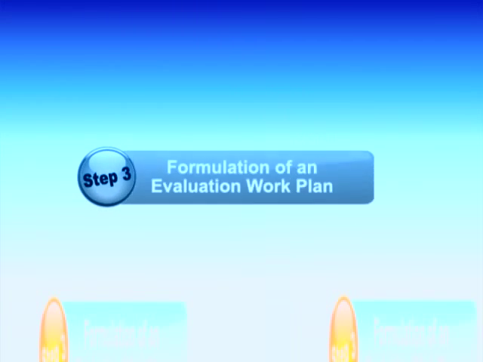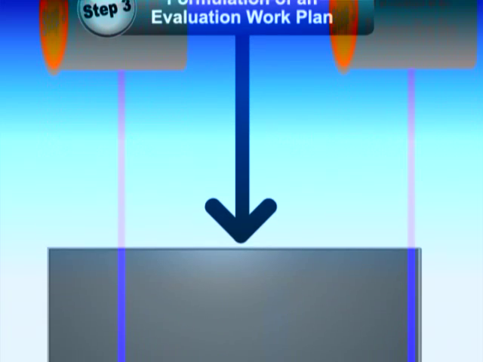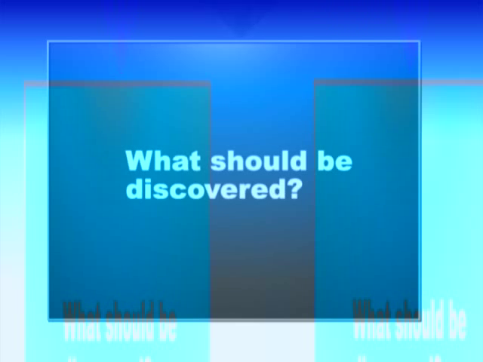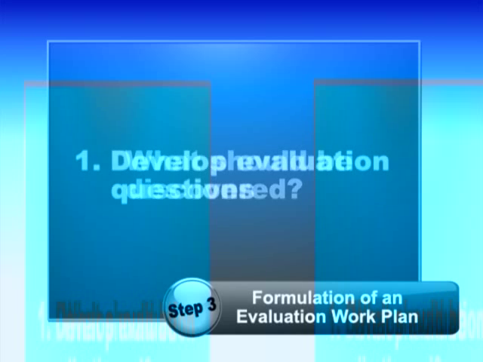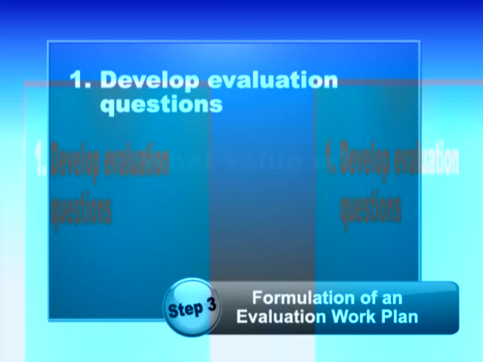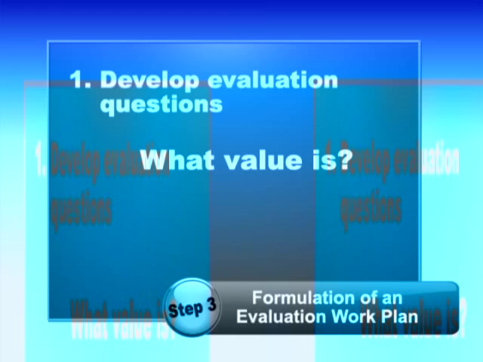Step 3 is formulation of an evaluation work plan. 1. First, consider what should be discovered from the evaluation study and set questions for the evaluation according to the 5 evaluation criteria respectively. 2. Next, give consideration to what value the program or project is expected to obtain.